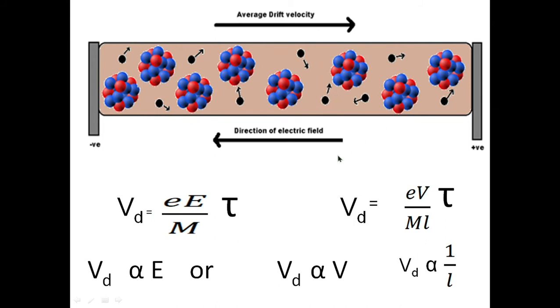Since relaxation time is the average time interval between two consecutive collisions, increasing temperature decreases the relaxation time. That means these electrons will collide frequently, and therefore the average time interval between two consecutive collisions decreases. Hence, relaxation time is inversely proportional to temperature, or drift velocity is inversely proportional to temperature.